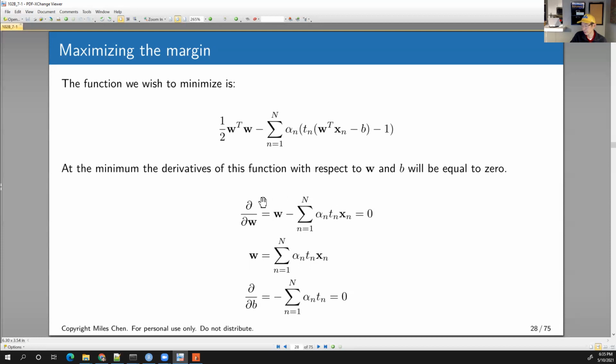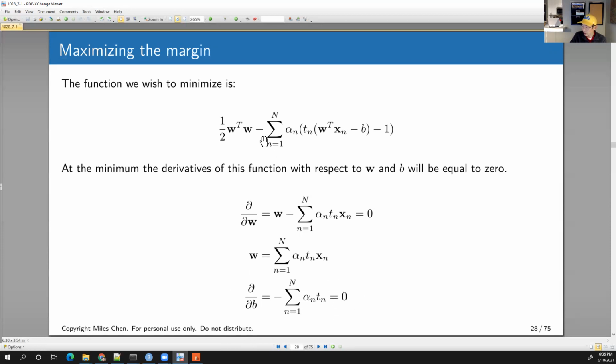When it's at the minimum and you ask how this function changes with respect to W, it's not going to change. Also at the minimum, when we change the B term, it's not going to alter things either.